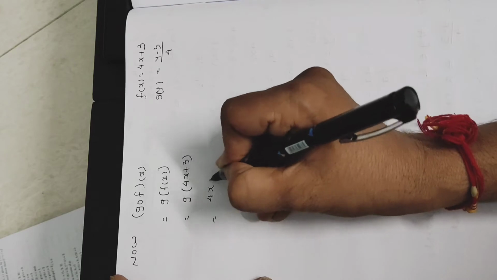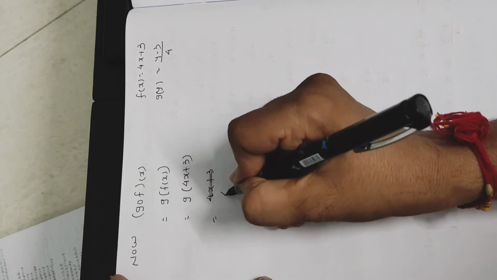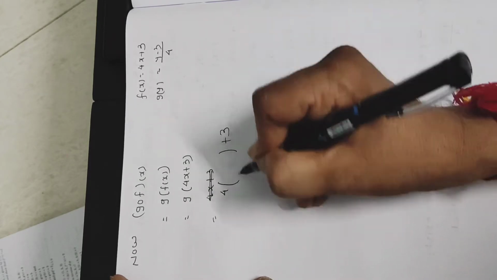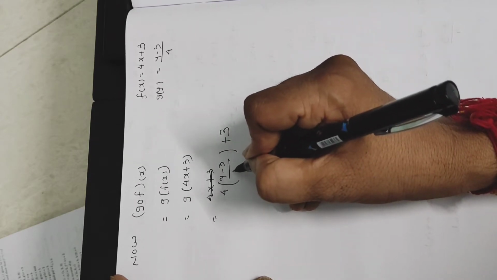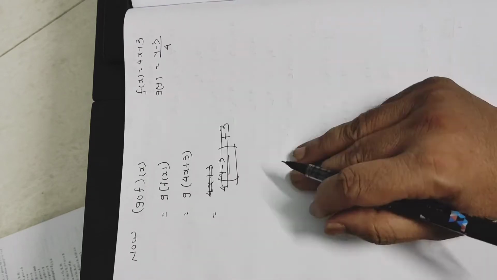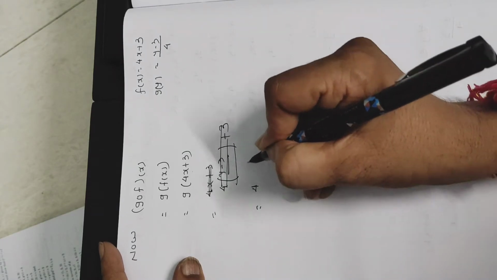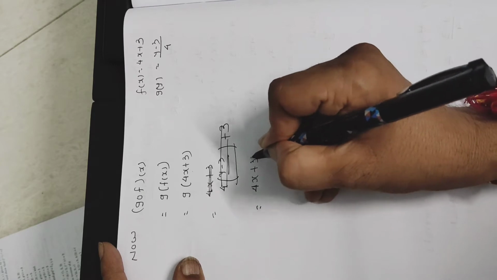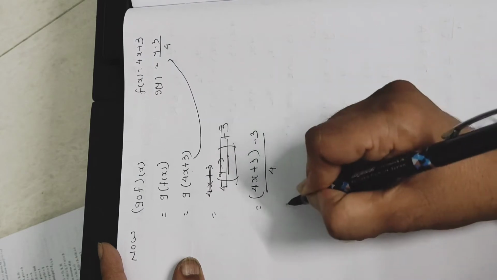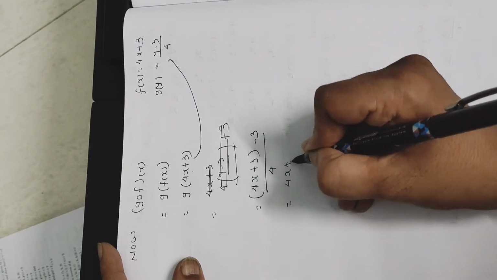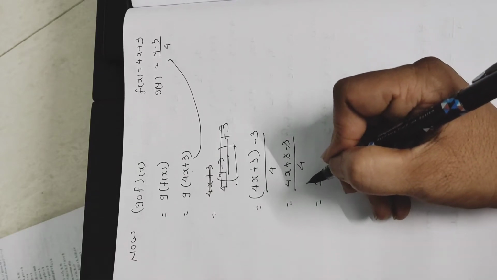So that is (4x plus 3 minus 3) by 4. So the answer is x.